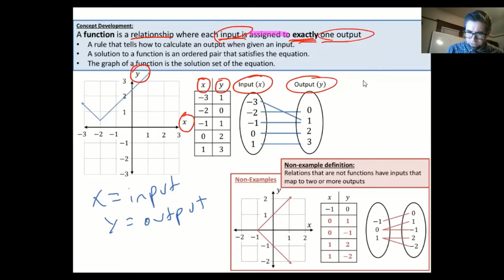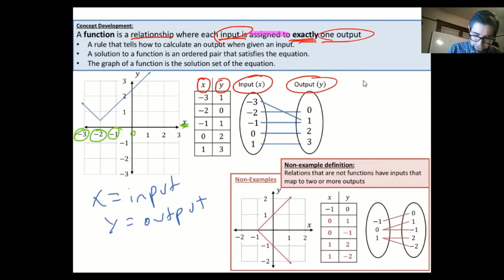Well, let's look at this first example. Let me erase this real quick. And let's see if we can understand what that is telling us. So the input, in this case, I'll say the input is going to be green. So the input would be -3. An input would be -2. An input would be -1.